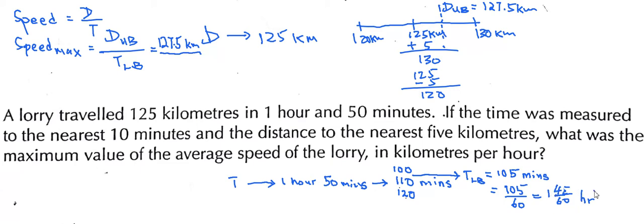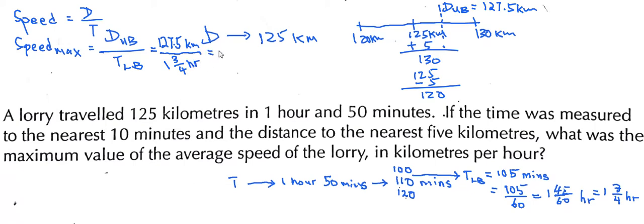So simplify this further. This 1 hour, and divide by 5. So 15, this is actually 3/4 hour. Okay? So now we're going to substitute this here. So it's 1 and 3/4 hour.